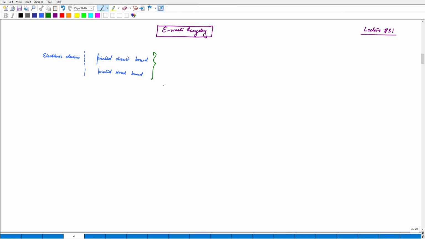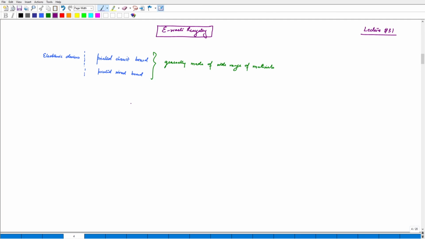And these PCBs are generally made of a wide range of materials, which makes them difficult to recycle. And we'll just study a bit more about PCBs.